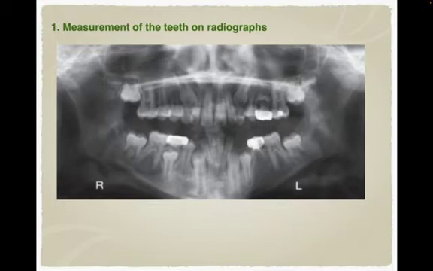It's not justified to expose the patient to this number of X-rays. And the problem with the X-ray is that even then, the canine will be distorted. As you can see here, even in the OPG, the canine, because of its location in the corner, is always distorted. So it's really hard to assess even in the periapical.